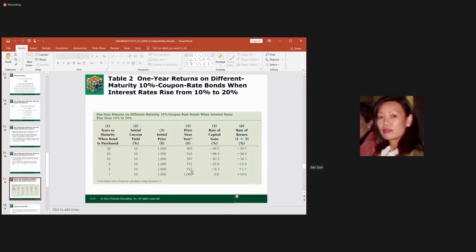I'll give you time, just read these things, and then work out how you get this number. Remember, that's a 2-year bond, but one year later.